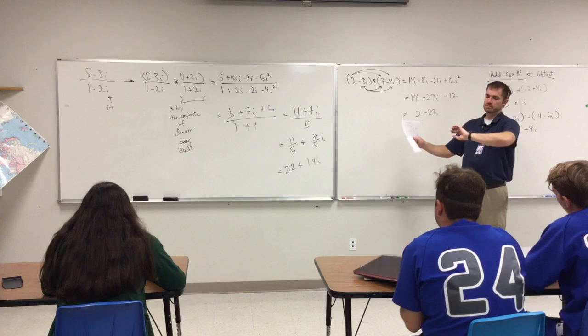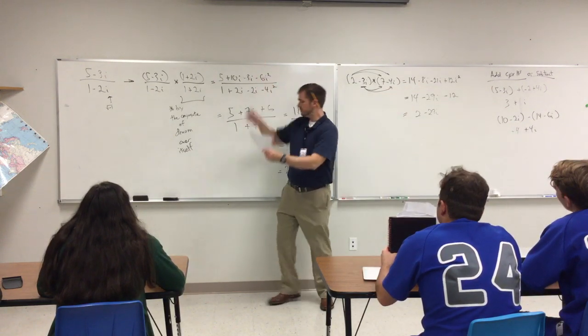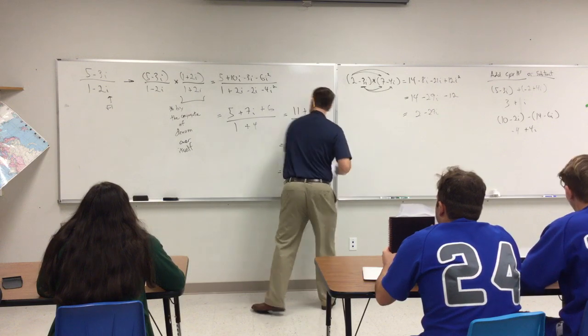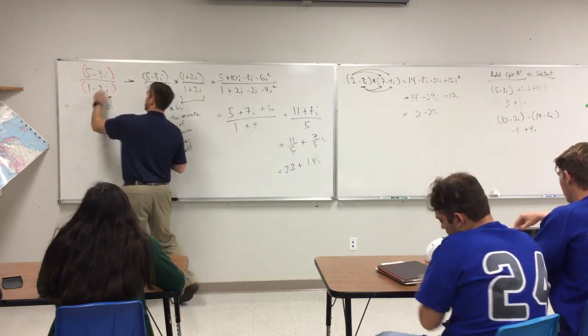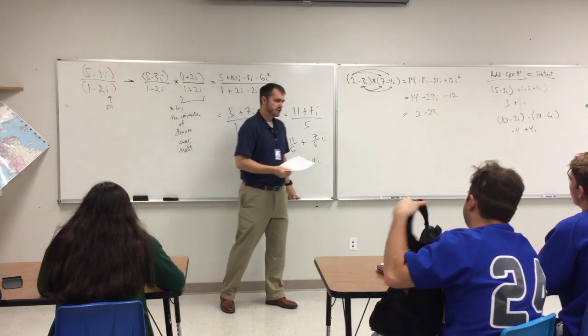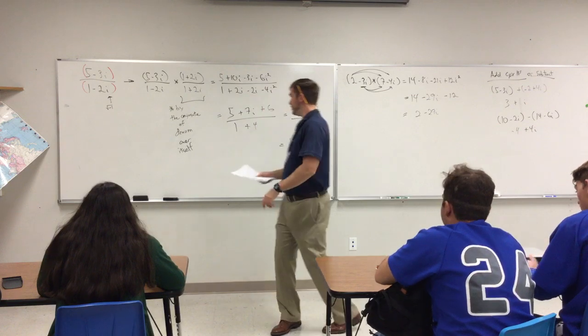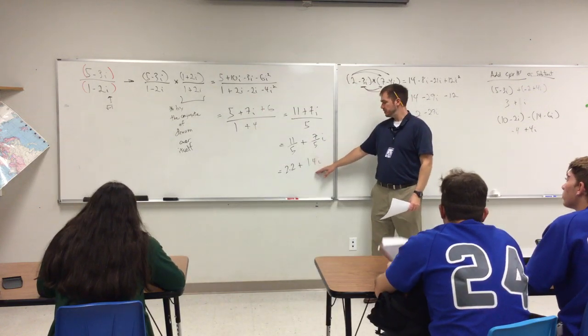What about this one, which we really care about? 5 minus 3i, all of it in parentheses, divided by 1 minus 2i. Show me that on the calculator as I walk around. Hopefully, if it works, you're going to get 2.2 plus 1.4i.